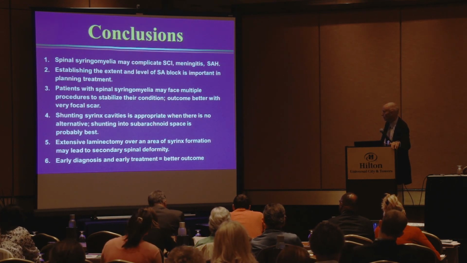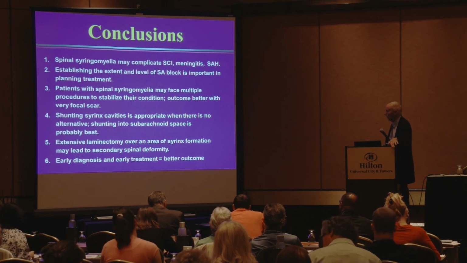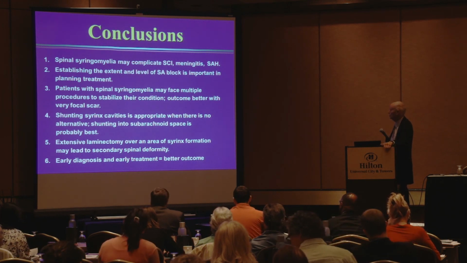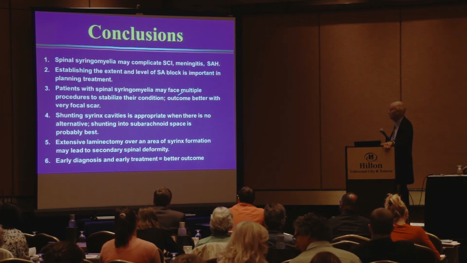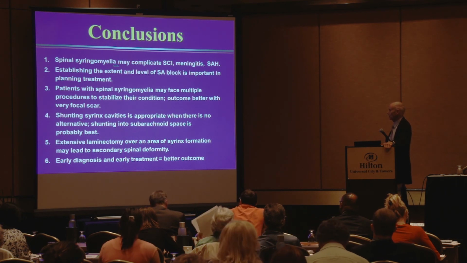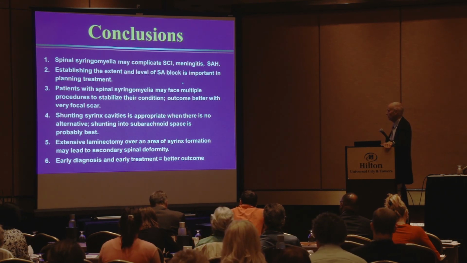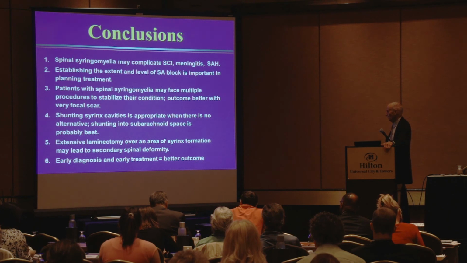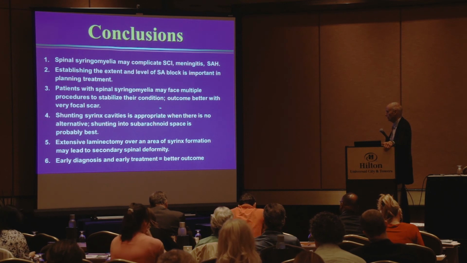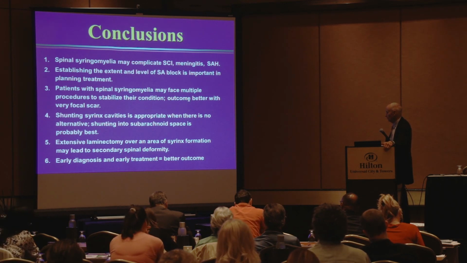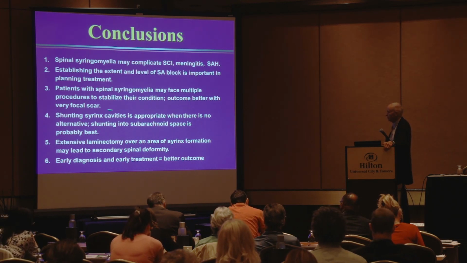So in conclusion, spinal syringomyelia may complicate spinal cord injury, meningitis, subarachnoid hemorrhage. It's important to establish the extent and level of the subarachnoid block, and patients with spinal syringomyelia may require multiple procedures to stabilize their condition, but the outcome is better in patients who have a very focal scar or arachnoid band.